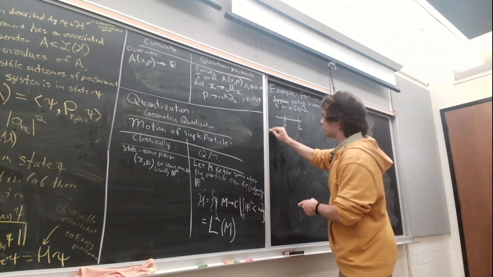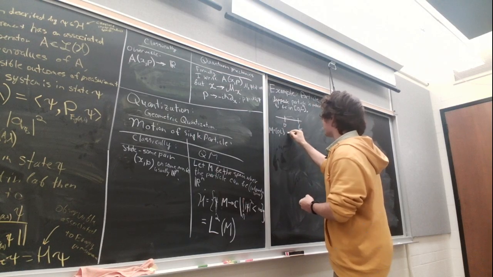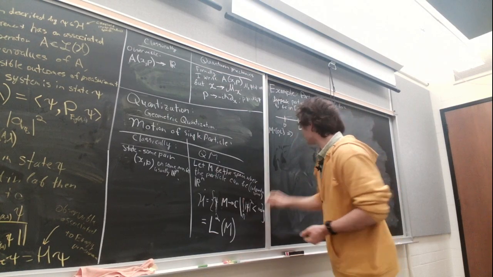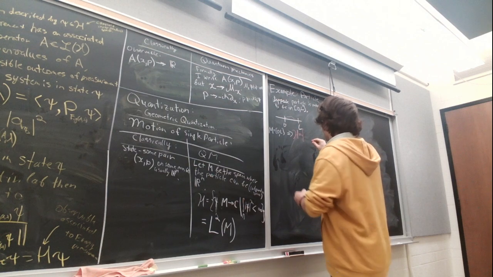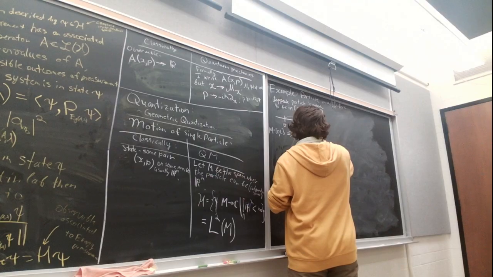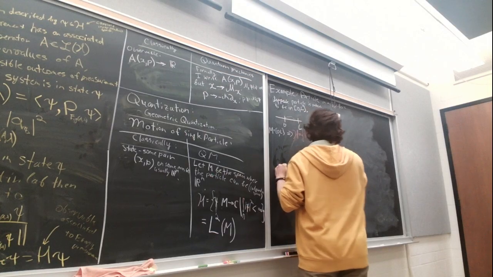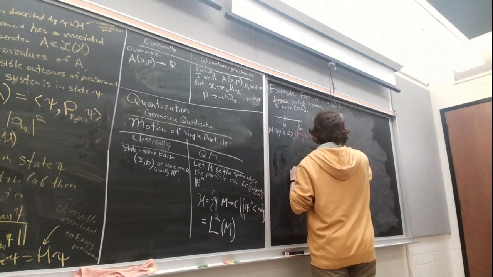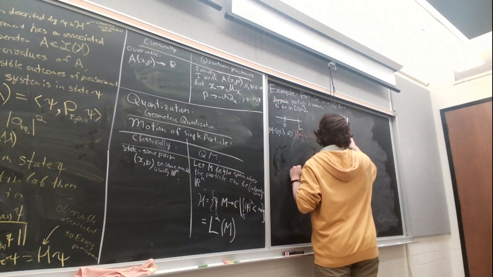So the space where the particle can be is 0 to L. So this means that the Hilbert space is all the functions from 0 to L to C, such that if I integrate the magnitude squared dx from 0 to L, I'll get some finite value.